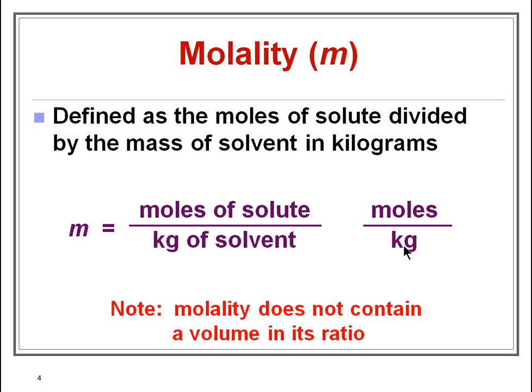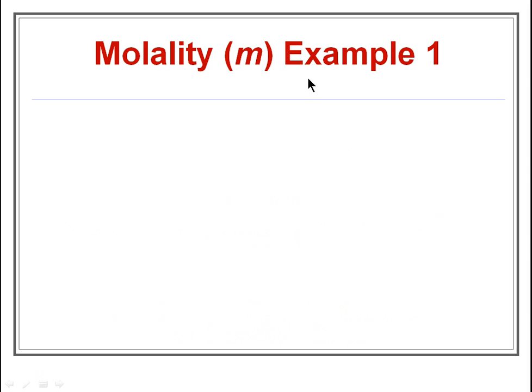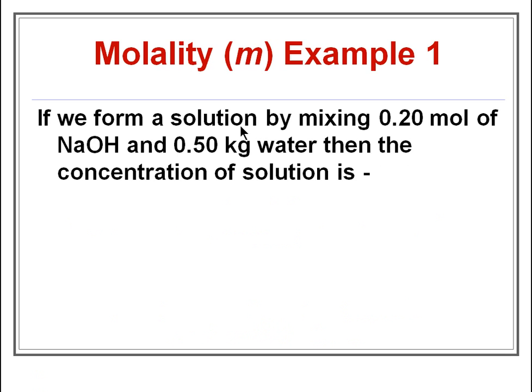Let's take one very simple example. If we form a solution by mixing 0.2 moles of sodium hydroxide, NaOH, and 0.5 kilogram of water, what is the concentration of the solution?